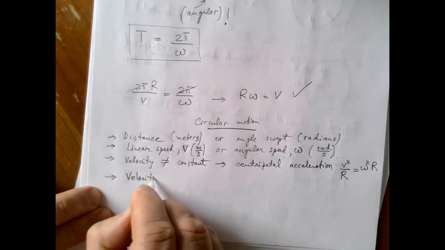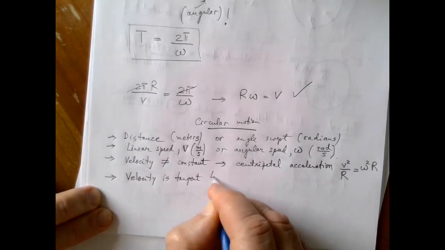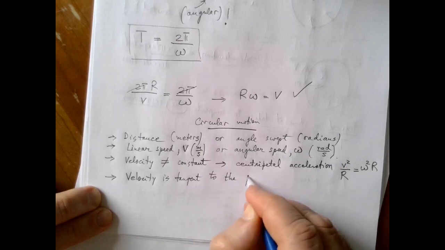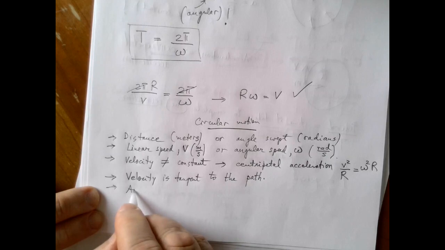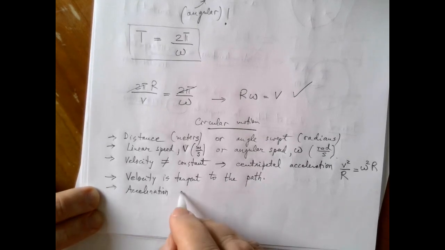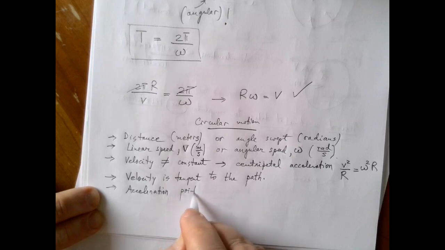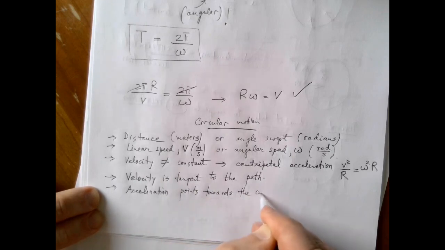Velocity is tangent to the path. Acceleration, the centripetal acceleration, points towards the center.